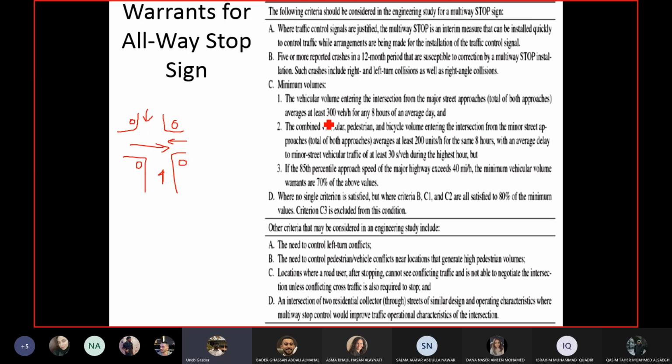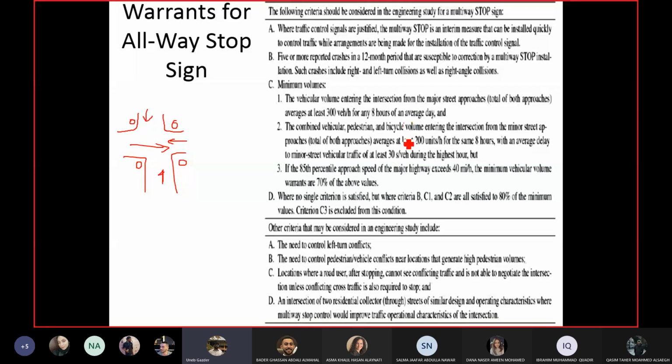So if you don't meet 300 but you meet 70% of 300, which is 210, and you don't meet 200 units per hour but you meet 70%, which is 140, then if the major road speed is above 40 miles per hour, even if you meet 210 vehicles per hour on the major road and 140 units per hour on the minor road, and the delay is, say, 21 seconds per vehicle, it is still enough for putting a multi-way stop sign.